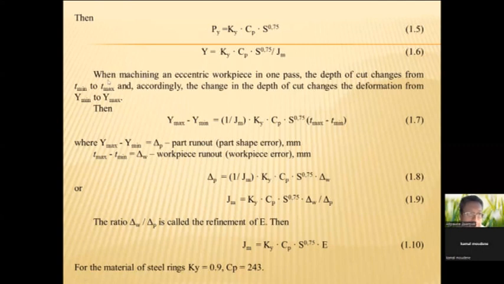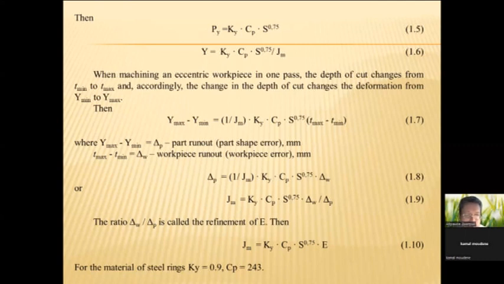When machining an eccentric workpiece in one pass, the depth of cut changes from T suffix minimum to T maximum, and accordingly, the change in the depth of cut changes the deformation from Y minimum to Y maximum.